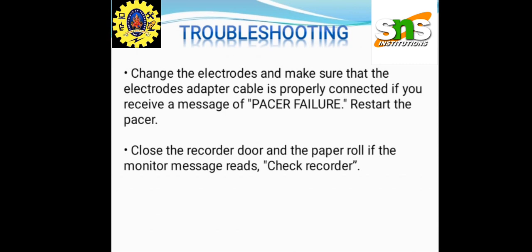Change the electrodes and make sure that the electrode adapter cable is properly connected if you receive a message of pacer failure. Restart the pacemaker. Close the recorder door and check the paper roll if the monitor message reads check recorder.